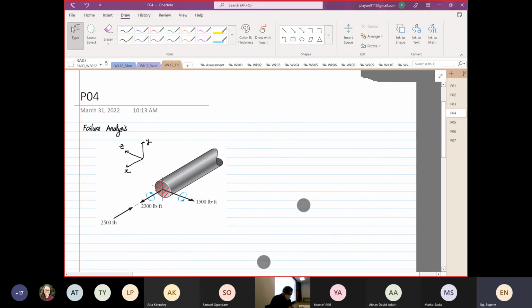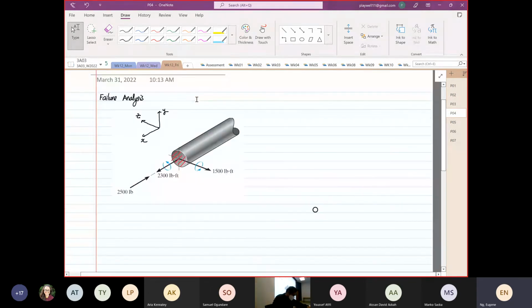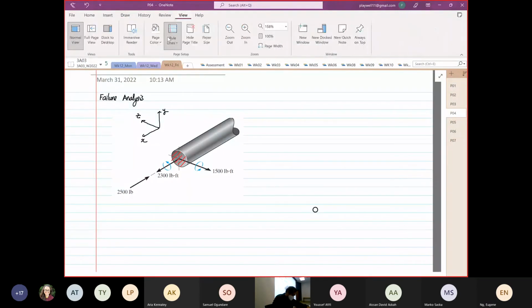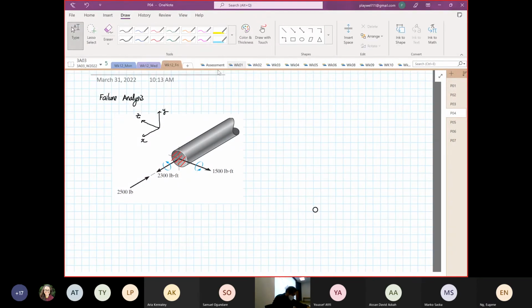Okay, so I'm going to draw the cross section. So this is the cross section, and I'm going to draw our transformation.